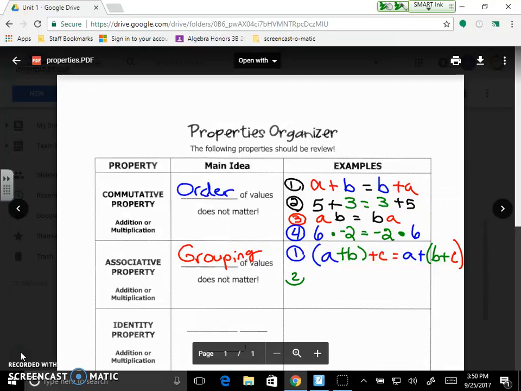Okay, so number 2, we're going to say A, B times C equals A, B, C. Again, it's the same order.